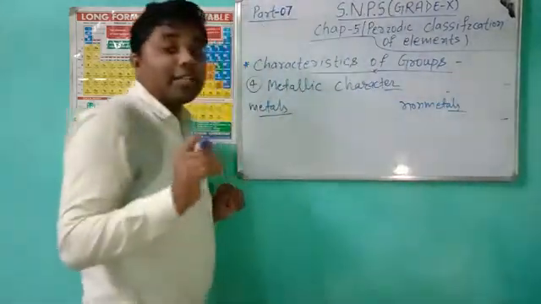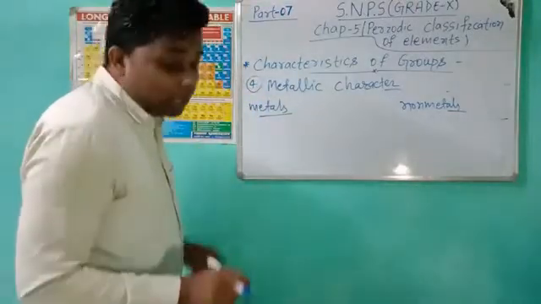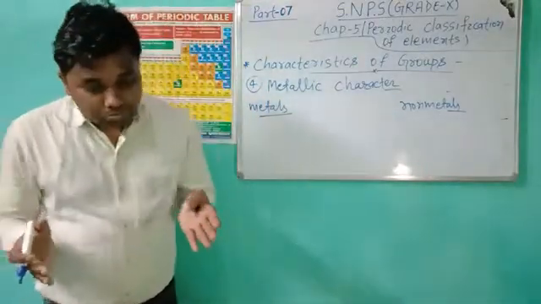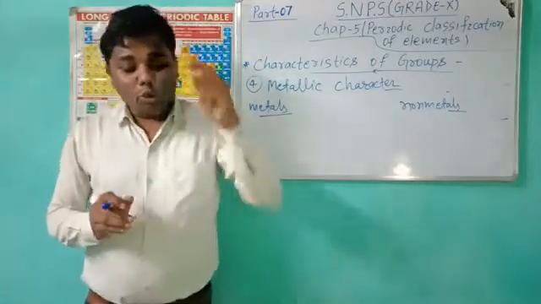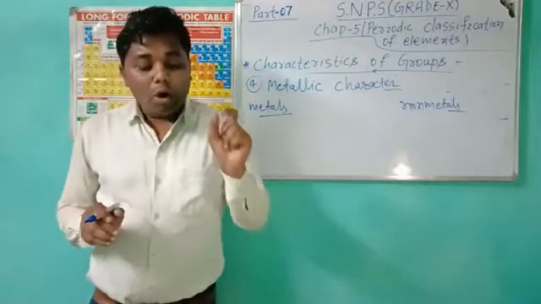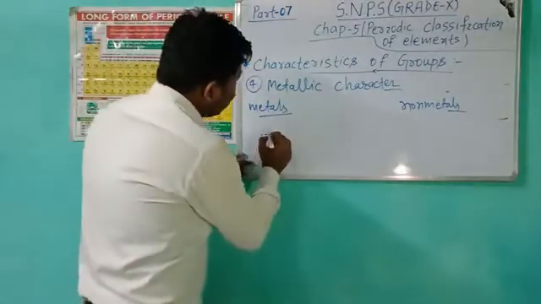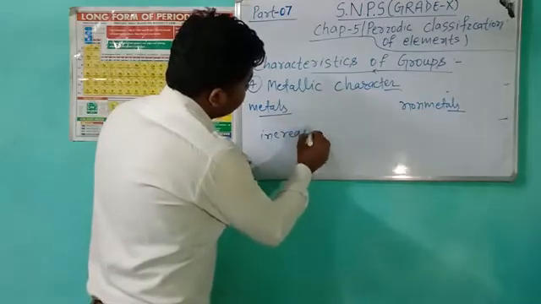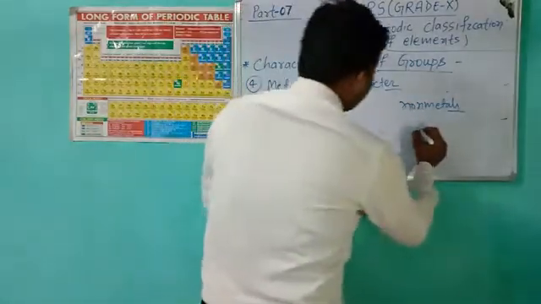In metals, the metallic character simply increases when we go top to bottom. In going down a group of the periodic table, the metallic character increases. But in non-metals, the metallic character decreases.